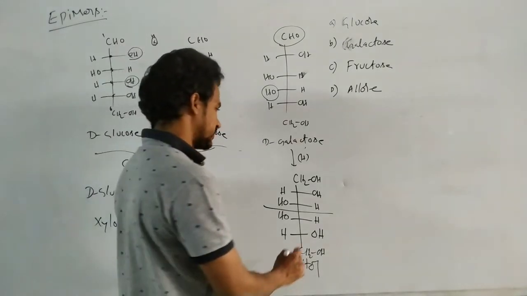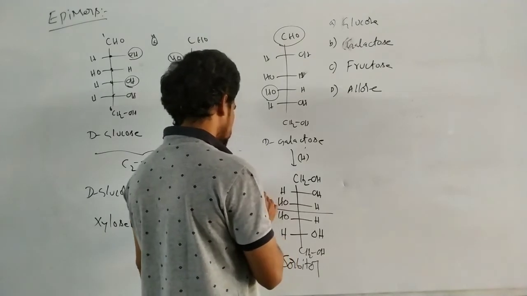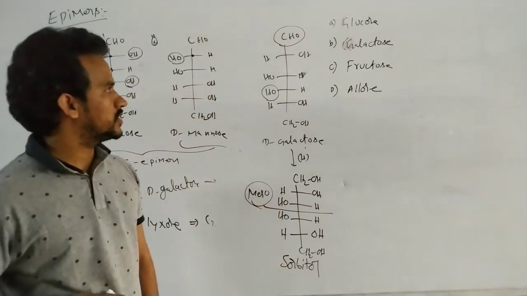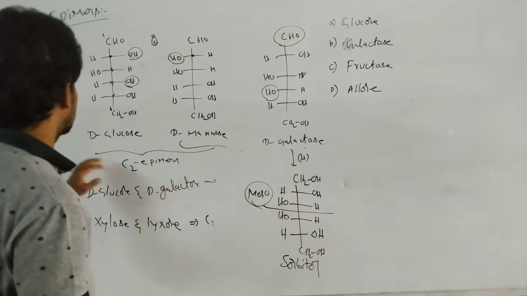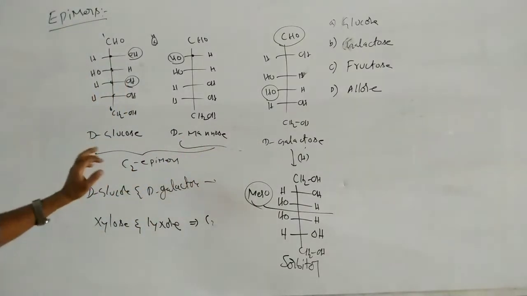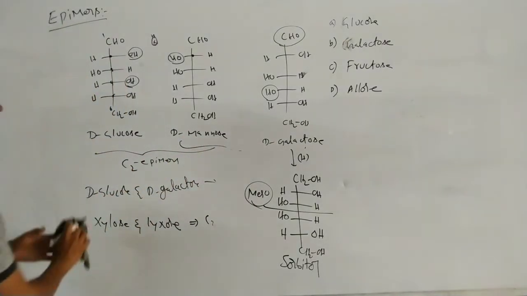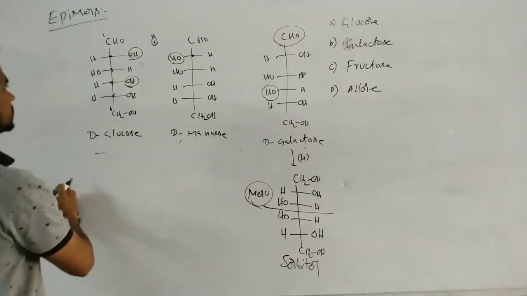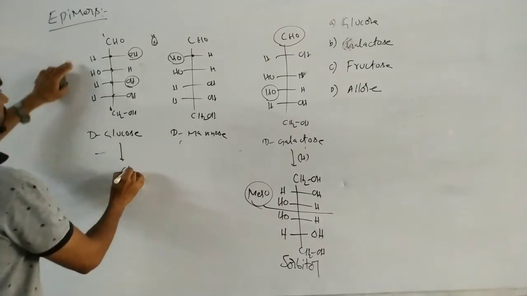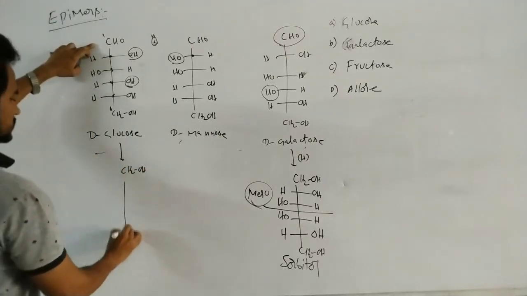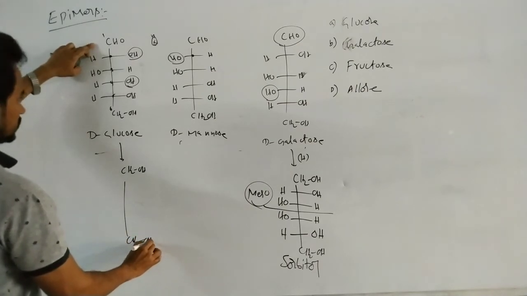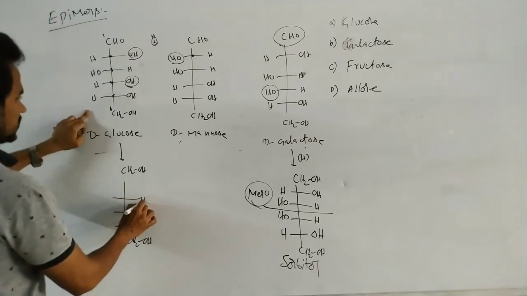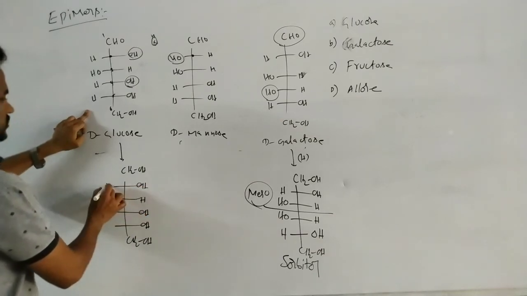So this is a meso compound. Now next, glucose. Here write the products for the glucose. Here CH2OH. Here CH2OH. Here OH, OH, H, OH. This one has no.